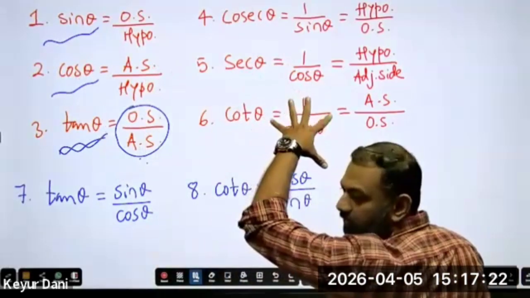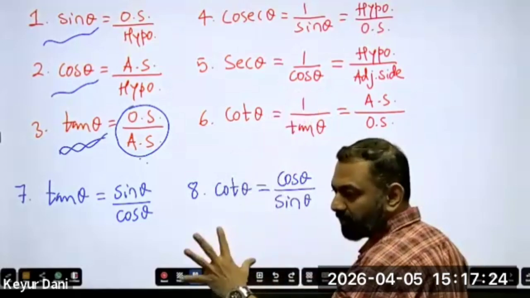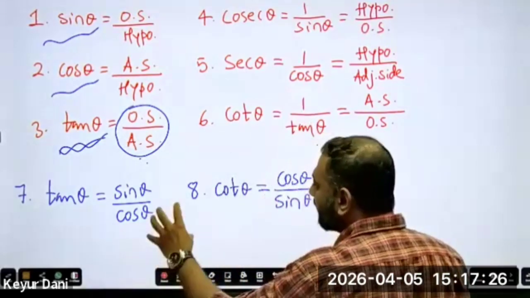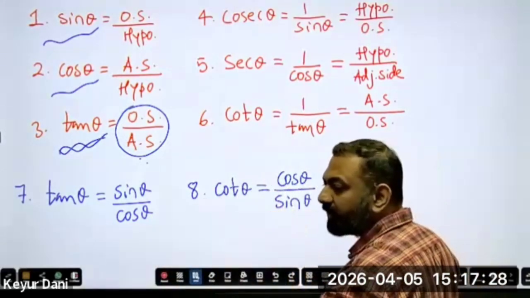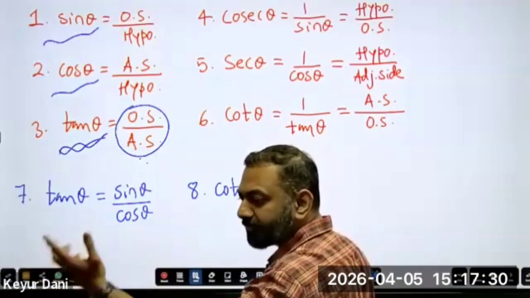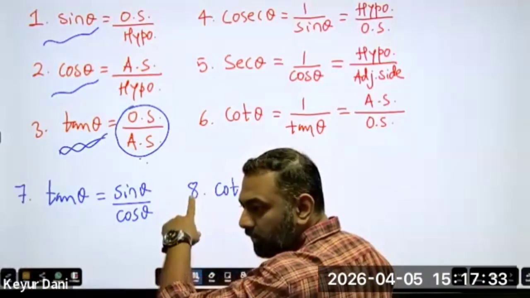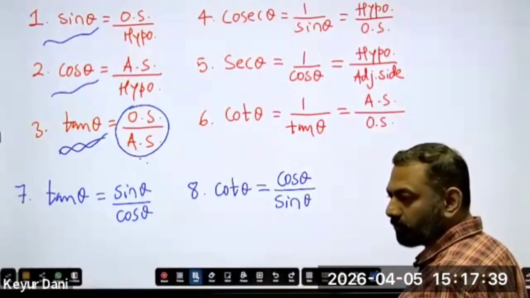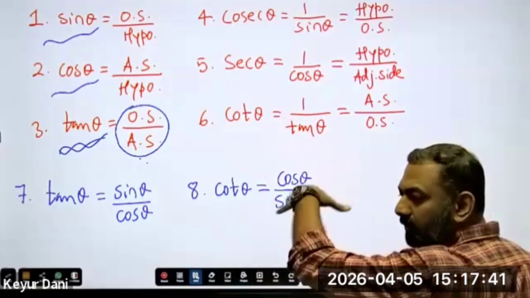Now what we did till now: these six, the ones in orange, are the basic formulas, and the ones in blue are the derived formulas from the basic formulas. Getting my point? Yeah. Now there are more, but before I go into more formulas, just complete this.